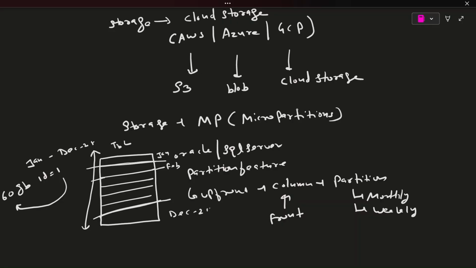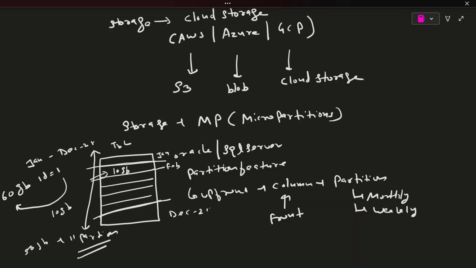Now let's say for Feb I got 10 GB of data, which means in Feb I am having 10 GB of data, and the rest 50 GB is divided among the rest 11 partitions.